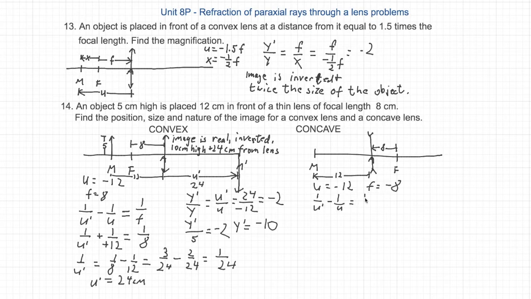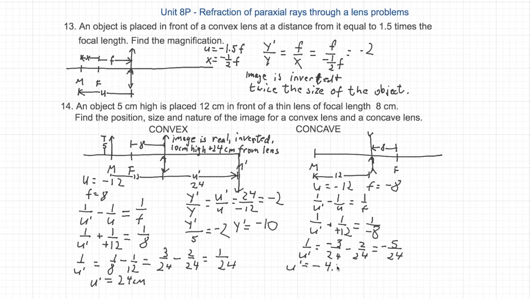We'll plug in. Isolate our variable on the left side. Use 24 as our common denominator again. And we find that u prime equals -4.8 centimeters. So it's a virtual image located on the left side of the lens.